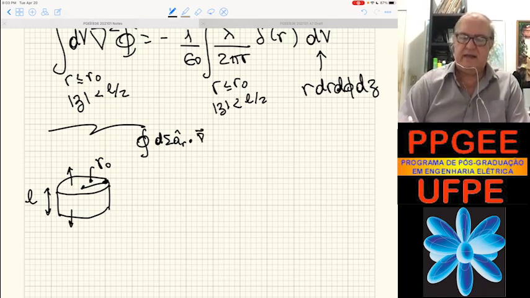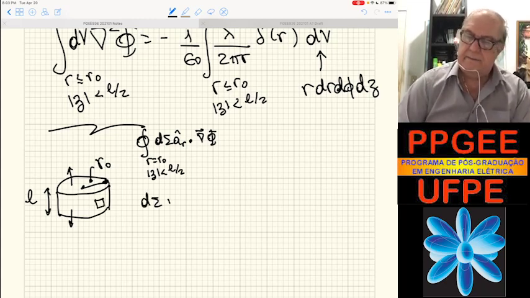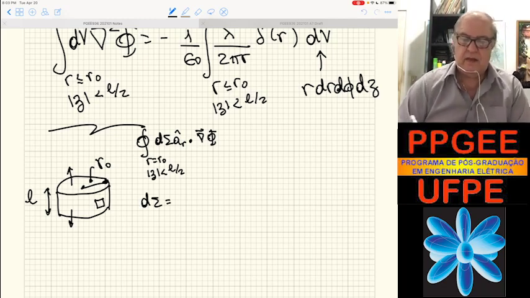We have a gradient of φ on the surface r equals r0, and the surface goes in this region here, from minus L over 2. The surface element equals, so we have a length r dφ and a height dz.